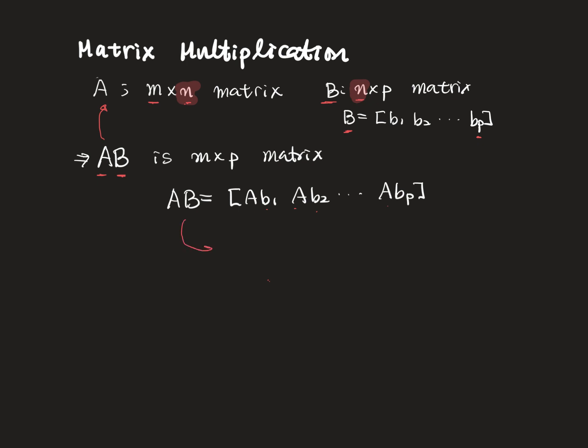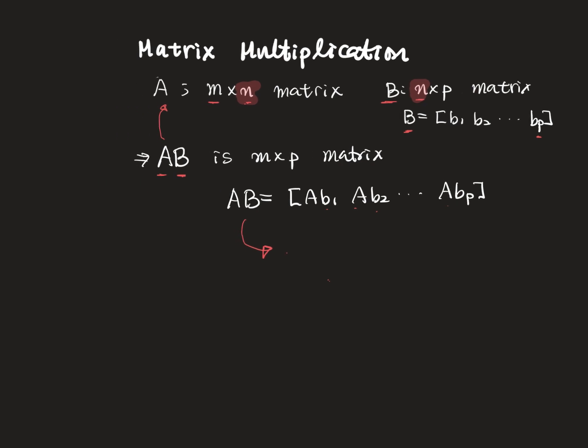This is going to be a new matrix. After multiplication, you have size M times P, guys, okay? Here is M, here is N. That's the definition of matrix multiplication, guys, okay?